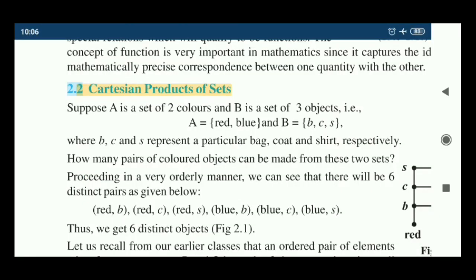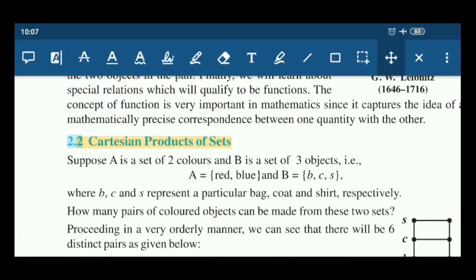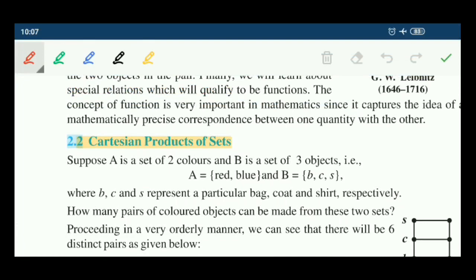Students, we will start with the Cartesian product of sets. Before starting relations, you should know what the Cartesian product of sets is.